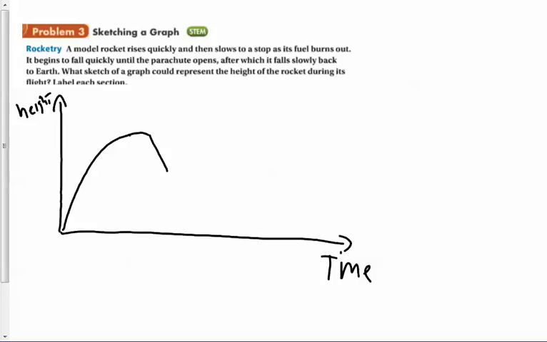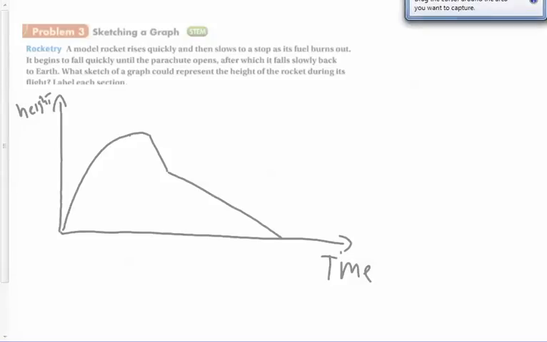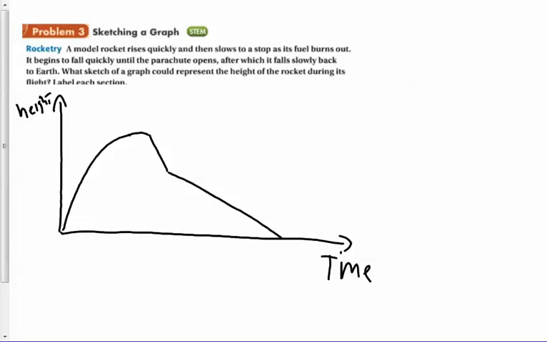And then what happens is the parachute comes out, so then it kind of comes back down to Earth constantly and slow, if that makes sense.